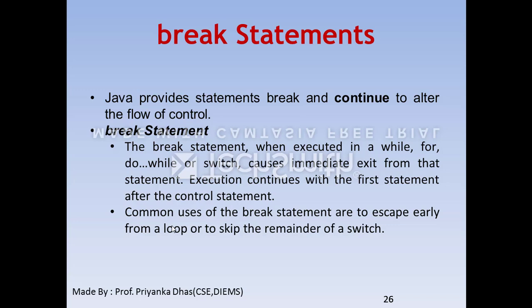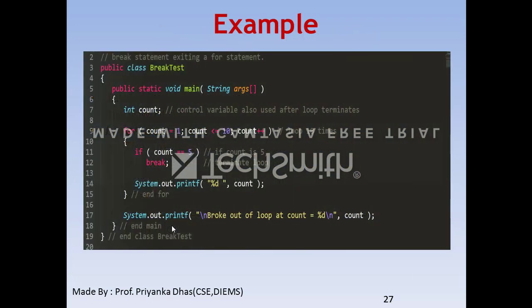Common uses of the break statement are to escape early from a loop or to skip the remainder of a switch. Here the example contains a variable count and a for loop which will print values from 1 to 10.